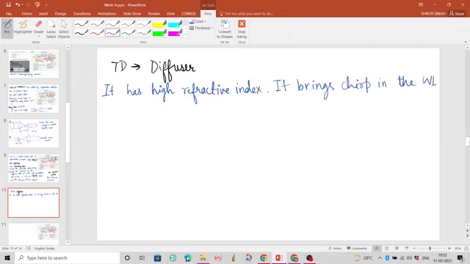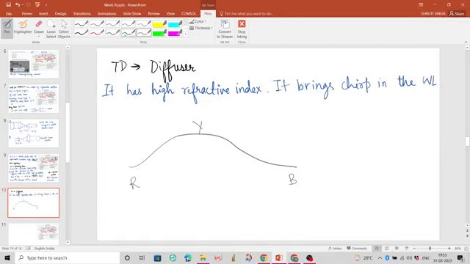Earlier we talked about how to reduce chirp from the pulse, but here we are manually adding chirp. Why? Because here chirp is a good thing. Suppose this is white light: the red part is traveling faster, and the blue part is lagging behind. In between we will have yellow and orange.